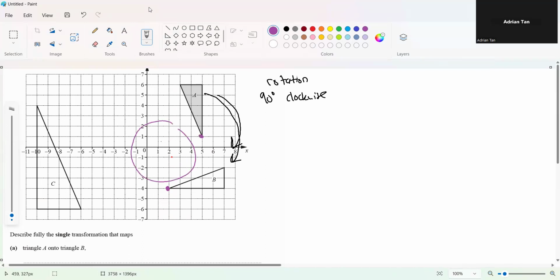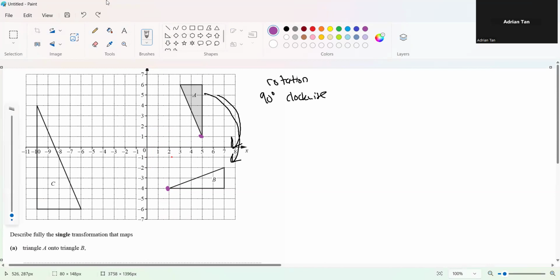Now, the answer is somewhere inside here. So from here, we can roughly take, let's say, the origin, for instance, right? And we measure the distance from here to here, followed by here to here. You notice that the distances don't match, and you notice the angle also doesn't make 90 degrees. But it's pretty close. So it means that the center is somewhere nearby.